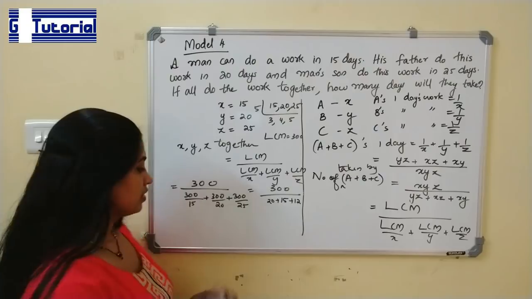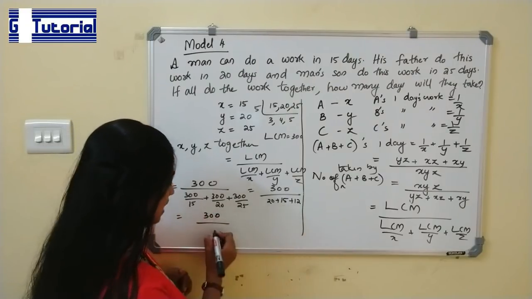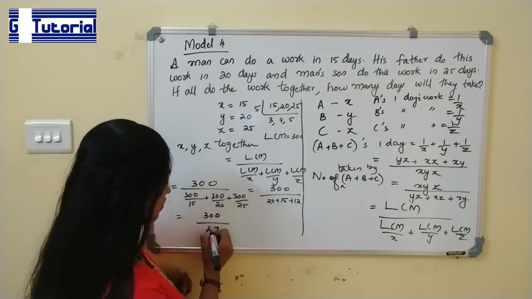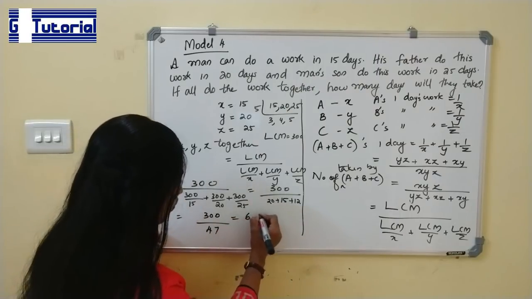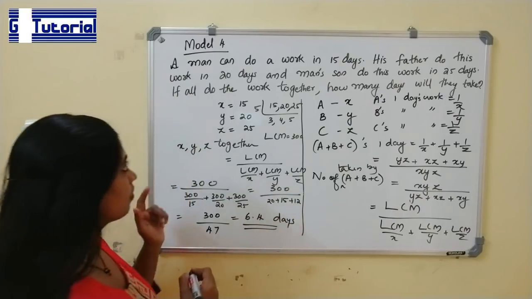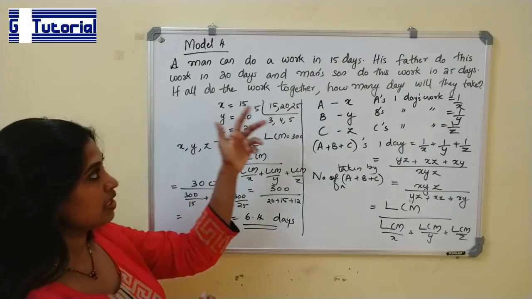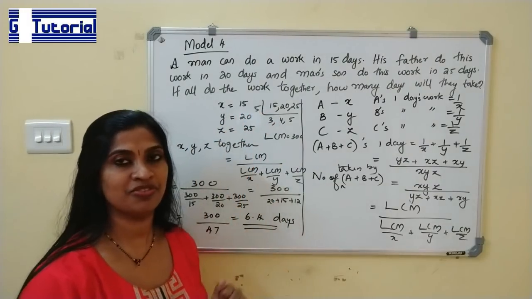The sum of this is 47. So the answer is 300 by 47, which is 6.4. 6.4 days is taken by the man, his son and his grandson to do the work.